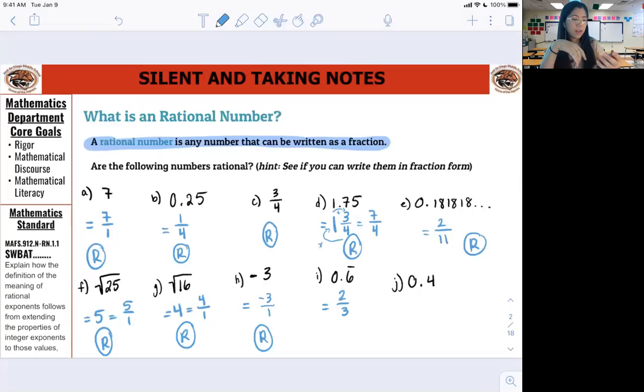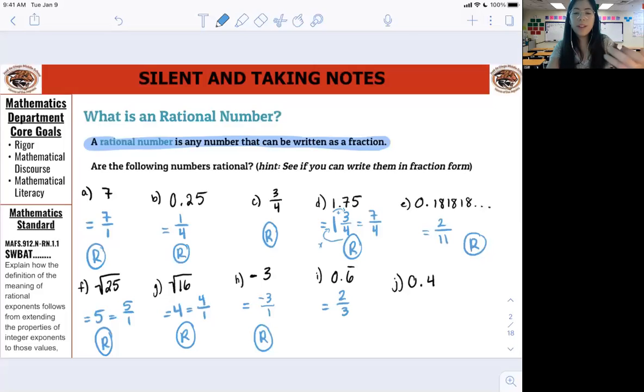If you're getting 0.6666667 and you turn the screen, what happens? I flipped it. Yes, it's 66666, but it ends at 7.